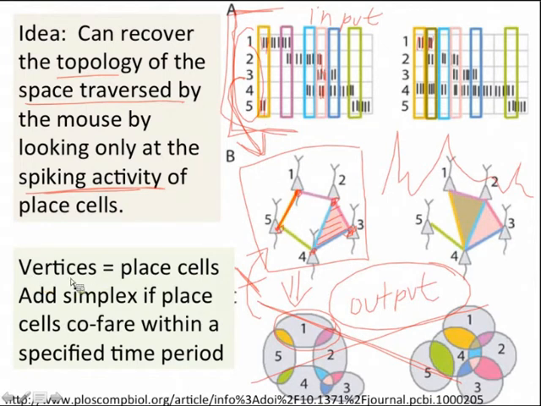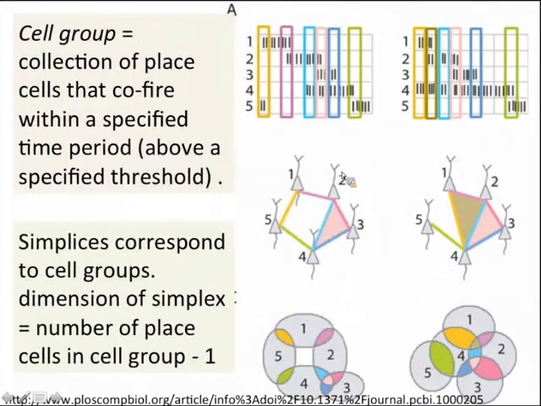So our vertices are our place cells, and then we add a simplex if the place cells co-fire within a specified time period. In other words, what we're going to define is cell groups. So cell groups will be a collection of place cells that co-fire within a specified time period, and they do have to co-fire above a specified threshold.